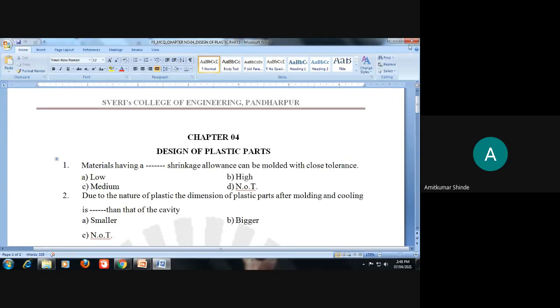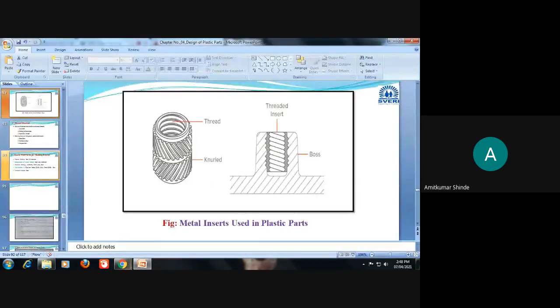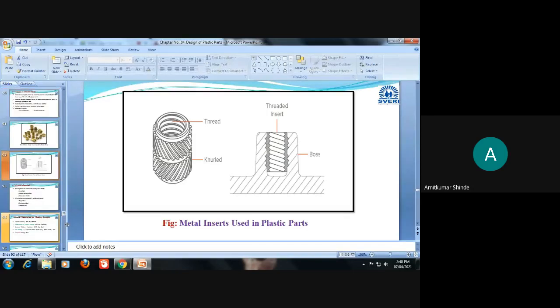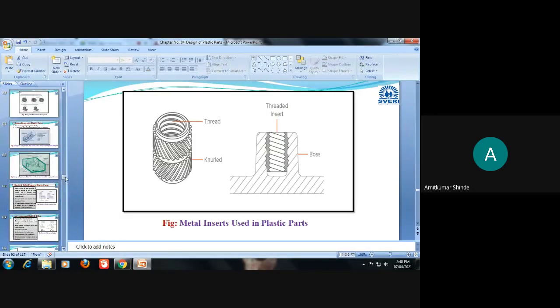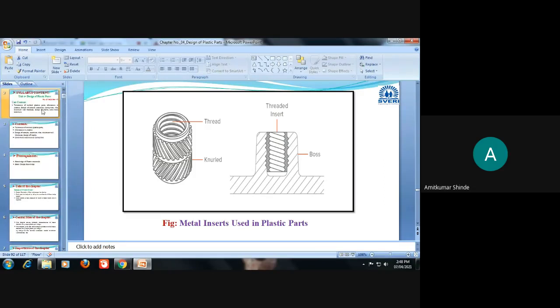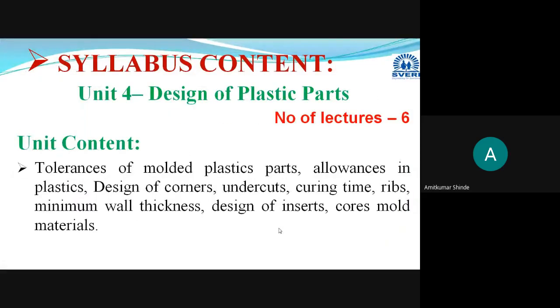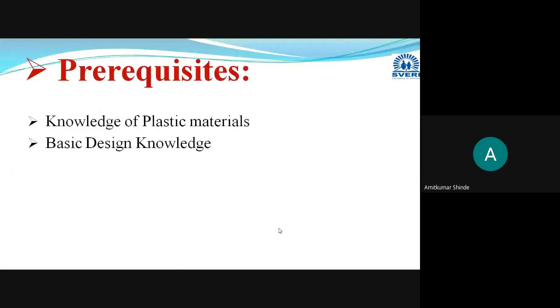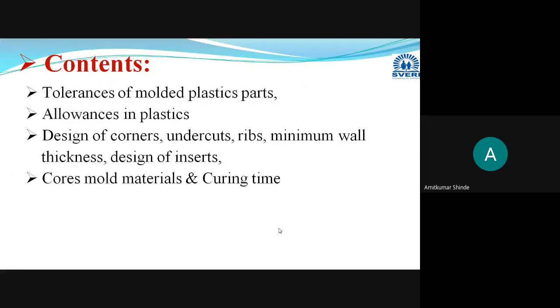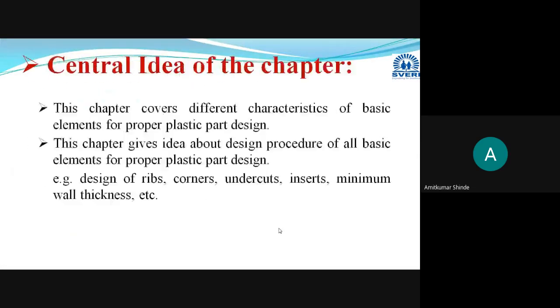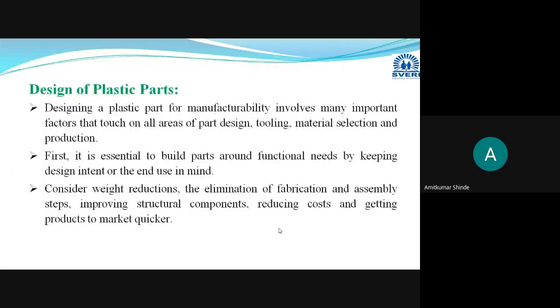Okay. Now, in this way, we have finished this chapter. Now, I will just take a summary of what we have studied in this chapter. So in this design of a plastic part, within a few minutes, we have studied the prerequisites, then the title and central idea of the chapter.